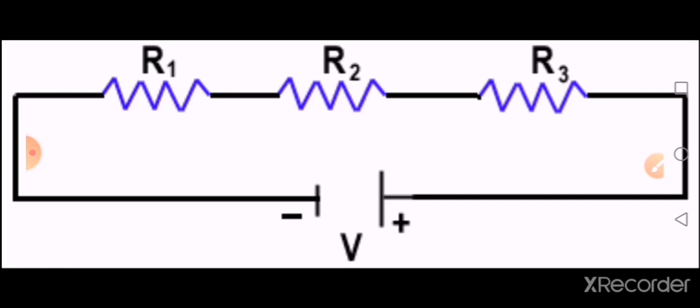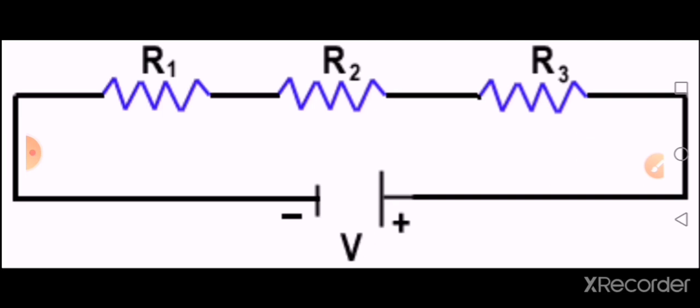series combination. The first fact is that the current in a series circuit, resistors in series, will have a single path for its flow. Which means that the resistances R1, R2, R3 will be different, but the current I passing through the circuit will be the same.